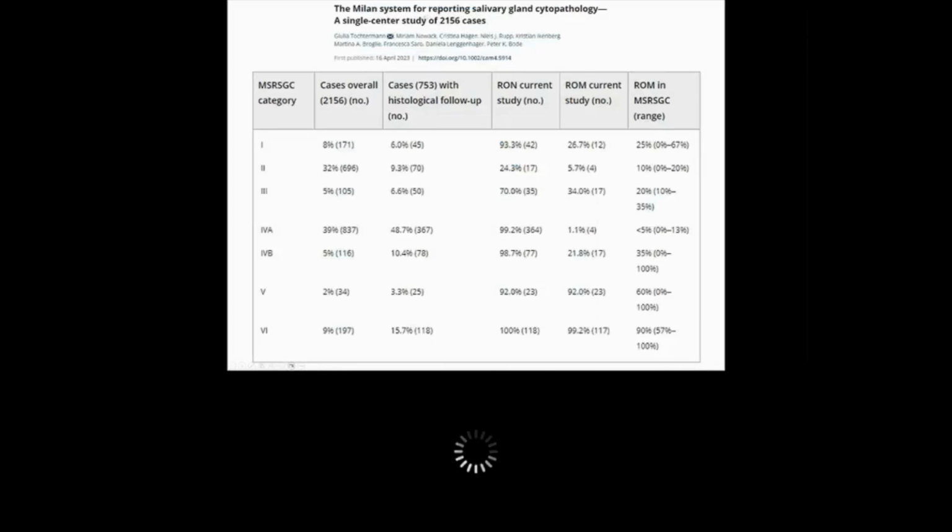Here's a publication from 2023 from a large series of cases that demonstrates their risk of malignancy and percentage use of each of the Milan categories, with also a review of the literature. So this can be helpful as a benchmark for audit of local practice. Although, as I mentioned, ideally, each department would have their own established risks of malignancy and percentage use of each of the categories.